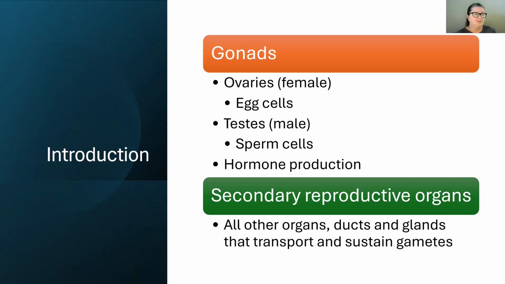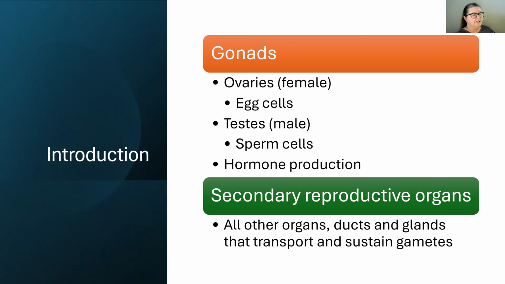In females, the gonads, the primary sex organs, are the ovaries. Those produce egg cells. In males, it is the testes. Those produce sperm cells. And both are responsible for hormone production as well.